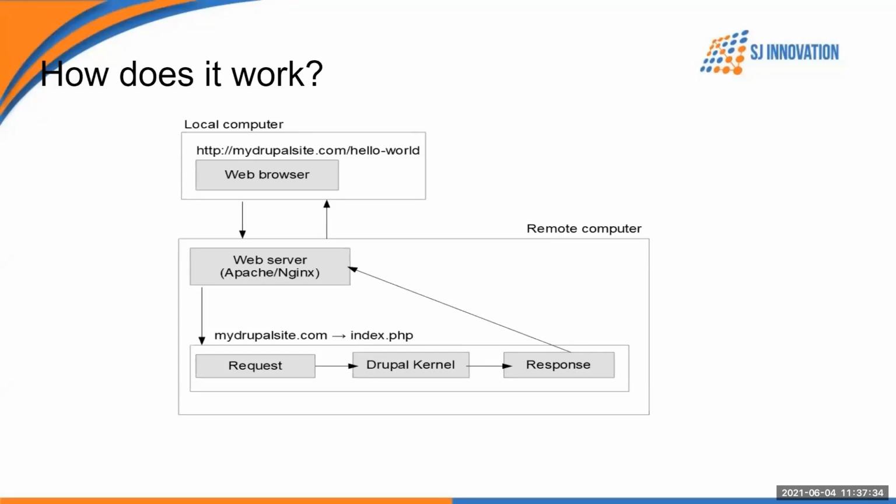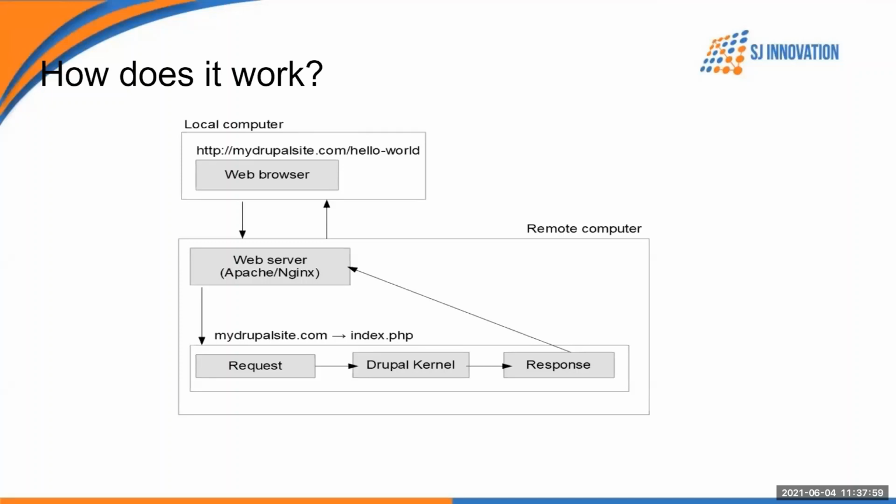And then it will try to process the content for the page called hello-world. Okay, so if hello-world is an article, then it will take services from the node module. The node module will prepare the content. It will then send it to the theme layer. The theme layer constructs the response object and sends it back to your web server. Now the response object can have different types.